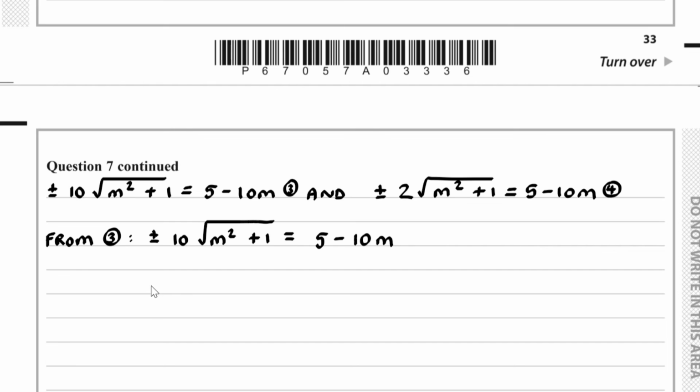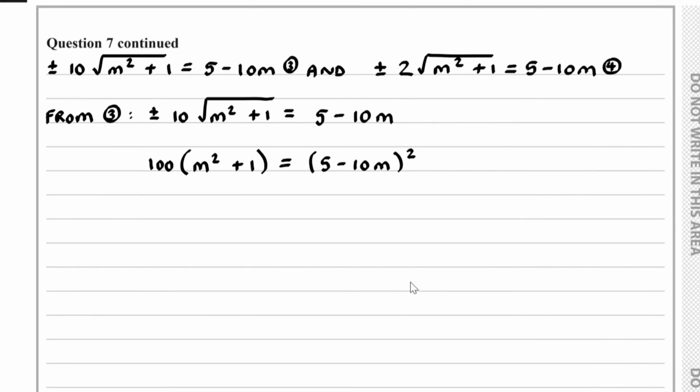It's going to give us 100, because plus minus 10 all squared is 100, times m squared plus 1, and squaring the right hand side, we have 5 minus 10m all squared. So we've got 100m squared plus 100 equals 25 minus 100m plus 100m squared.